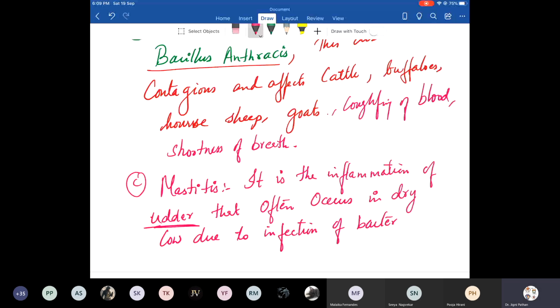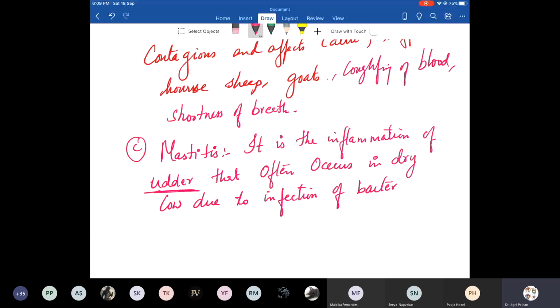And there's one more. This is very important. This question is asked many times. I've seen this question. Rinderpest. The next disease is rinderpest or cattle plague.